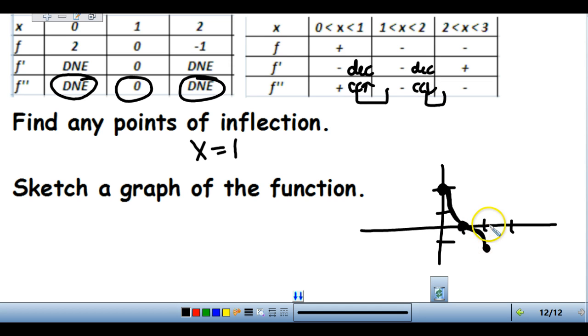At 2, the second derivative and first derivative are undefined. Since the function's continuous, this will be a cusp. And then after that, the function's increasing and concave down. So I just kind of have it going something about like that. And I don't really know what it's doing after 3. I probably should just stop my graph at 3, but this just kind of gives you a rough idea of what this function potentially could look like.